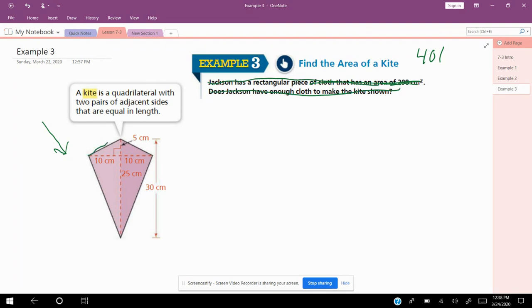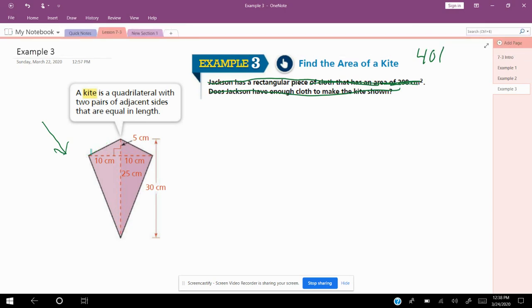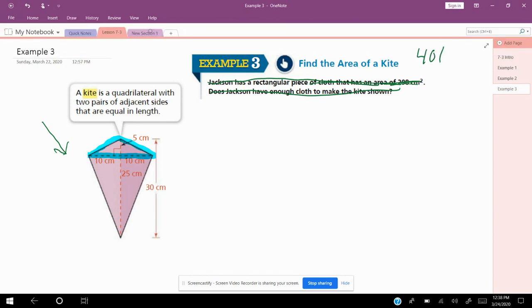I see one, let me get my highlighter. Right there. And I see another one right here. So those are my 2 triangles.